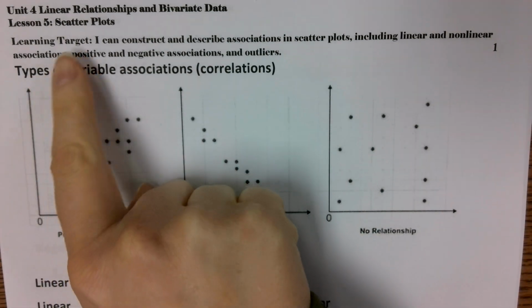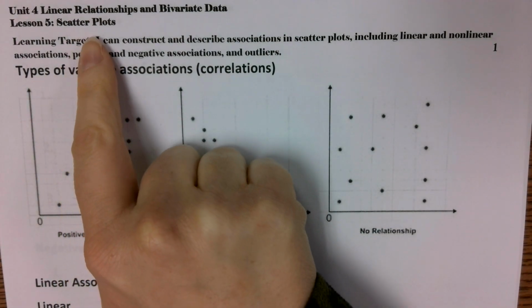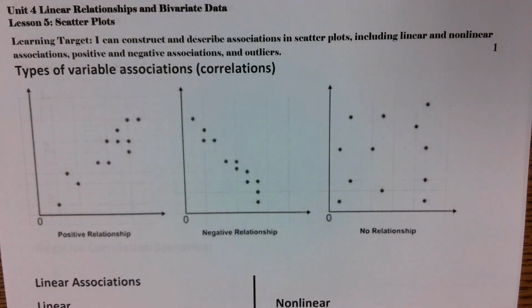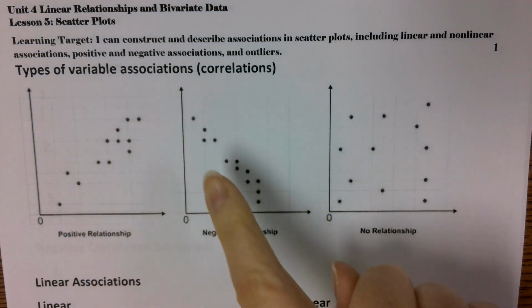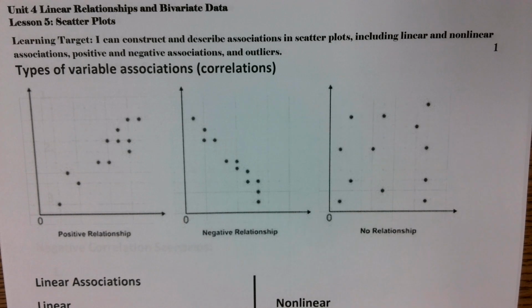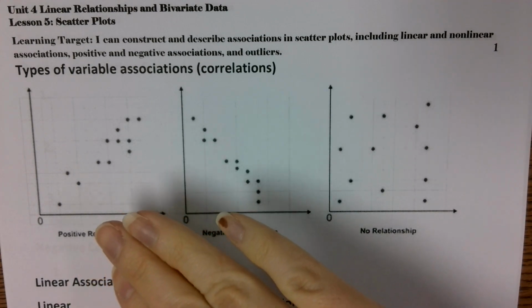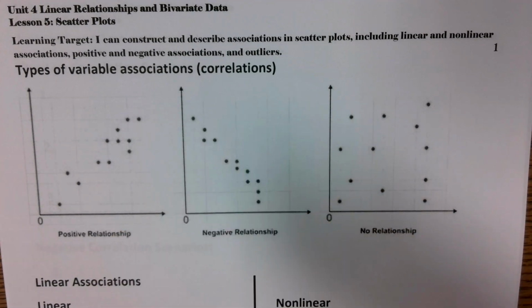Okay, so what we're learning today is the idea of scatter plots. Scatter plots are very similar to linear relationships, but as you notice, are they forming straight lines here? No, they're not. They're showing linear relationships in the sense that they're going in a somewhat straight path, but they have values ranging inside and outside of that linear pathway.